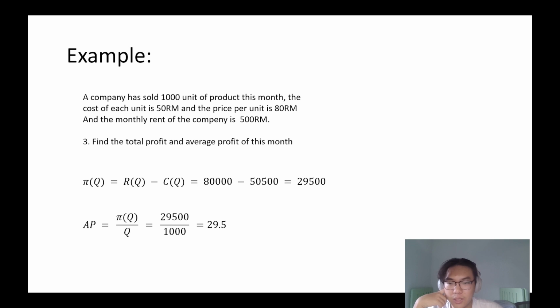We have found the total revenue and the total cost, so we can just subtract. And we got 29,500, which is the total profit. And we divide it by 1,000, and we get 29.5, which is the average profit.